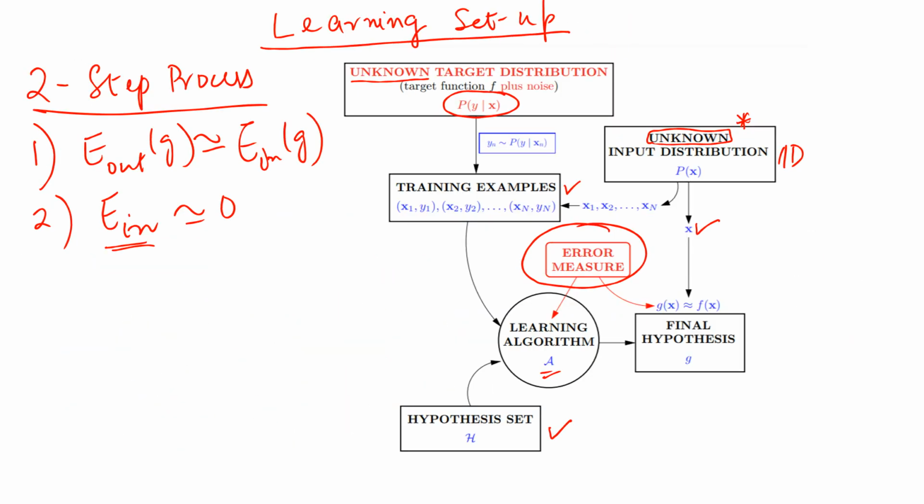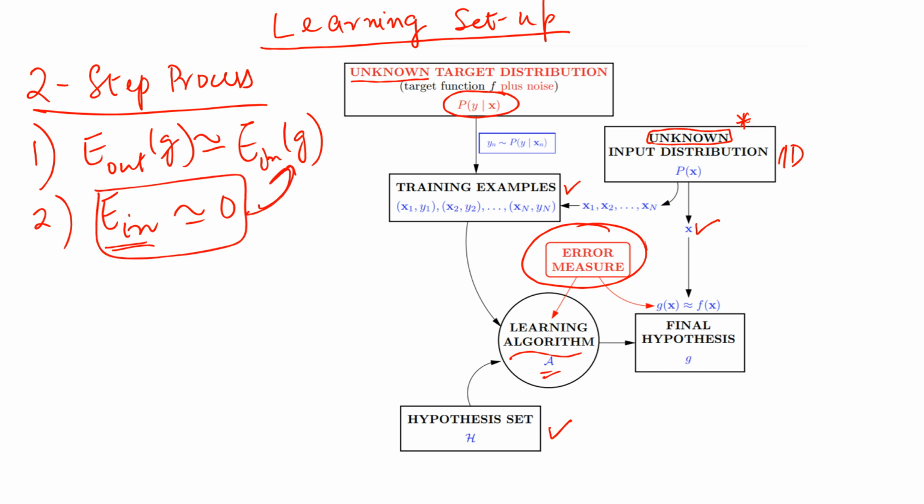And then if I'm not able to do that, then I'll go back here, and until I get this E in really small, I can pick up an updated g, right? So basically the flowchart determines the process, and this is actually showing you what's happening. The learning algorithm is actually impacted by the error measure that I decided, because the final hypothesis will be picked using the learning algorithm based on whatever my error measure is, because I'm trying to achieve this.